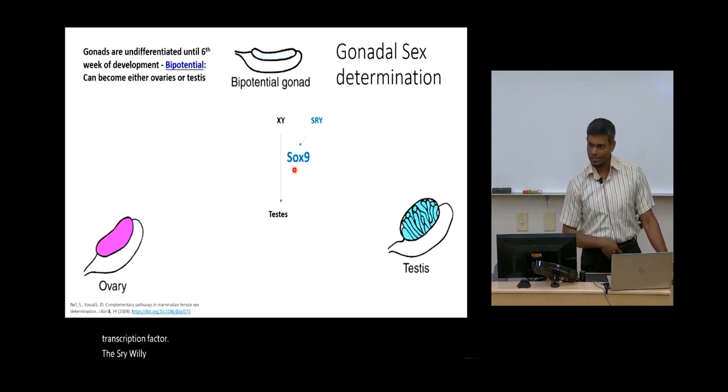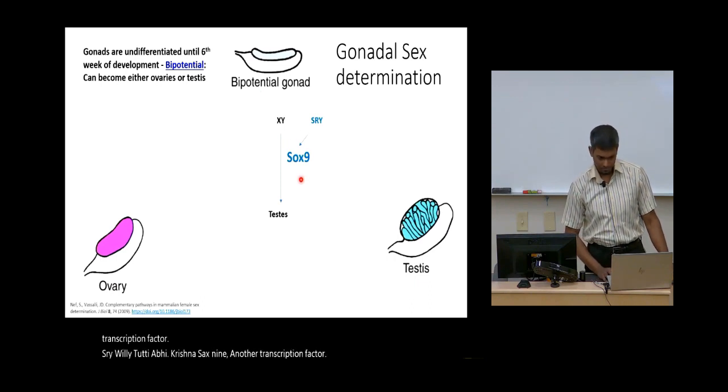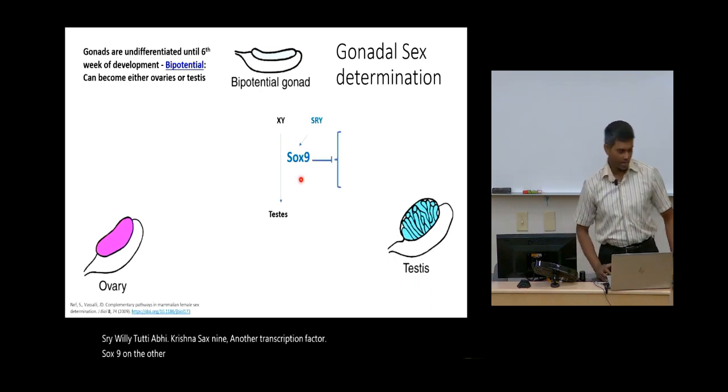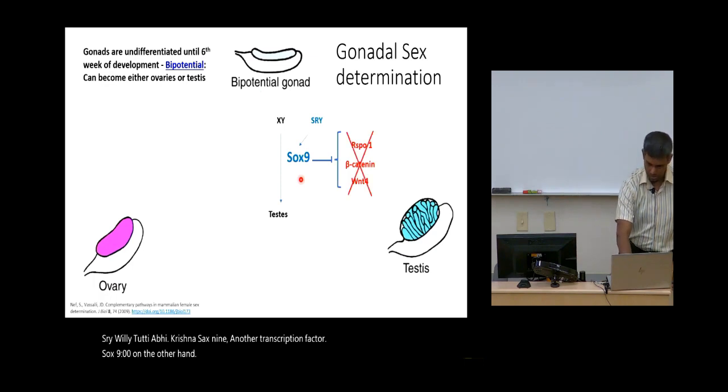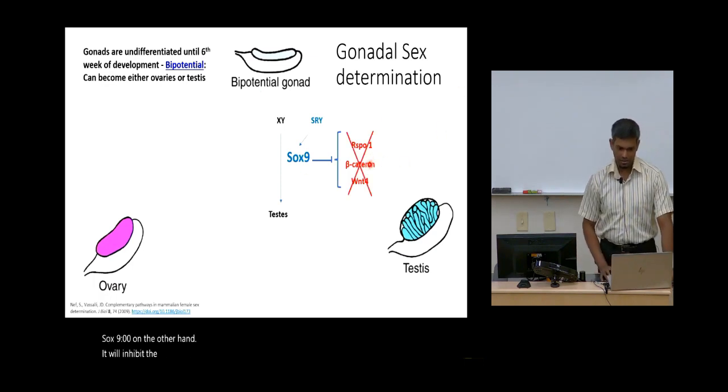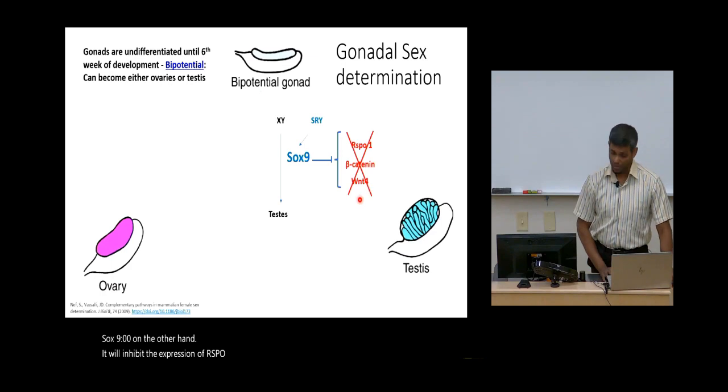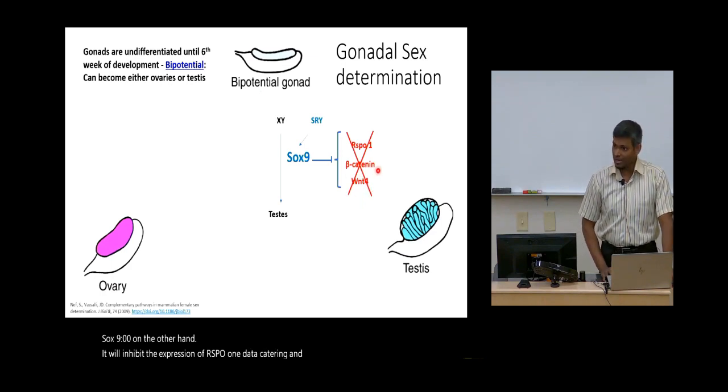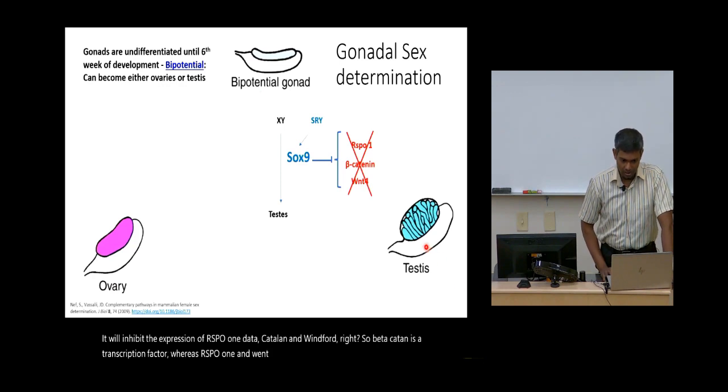So SRY will lead to the upregulation of SOX9, another transcription factor. SOX9, on the other hand, will inhibit the expression of RSPO1, beta-catenin, and Wnt4, right? Beta-catenin is a transcription factor, whereas RSPO1 and Wnt4 are both genetic factors, right?